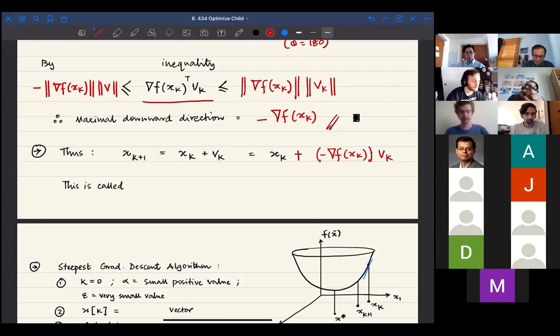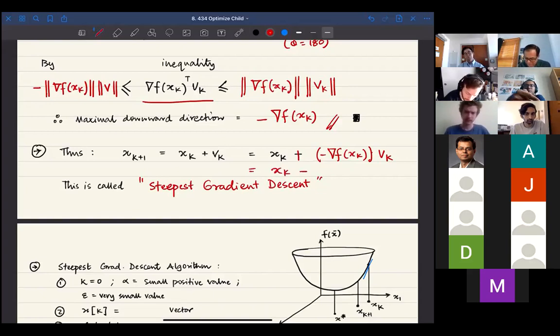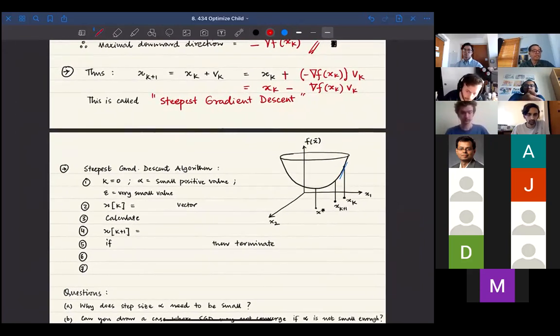This is called steepest gradient descent. Okay, good. So steepest gradient descent, how should the algorithm work?